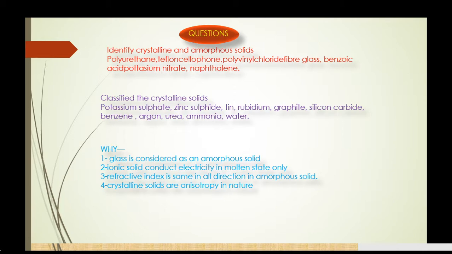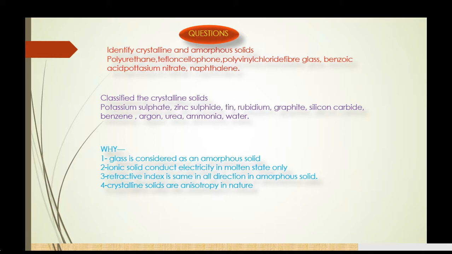It is a question not discussed in this slide, but in the next slide we will categorize crystalline solid into ionic solid, covalent solid, metallic solid and molecular solid. Then this question can be solved easily.